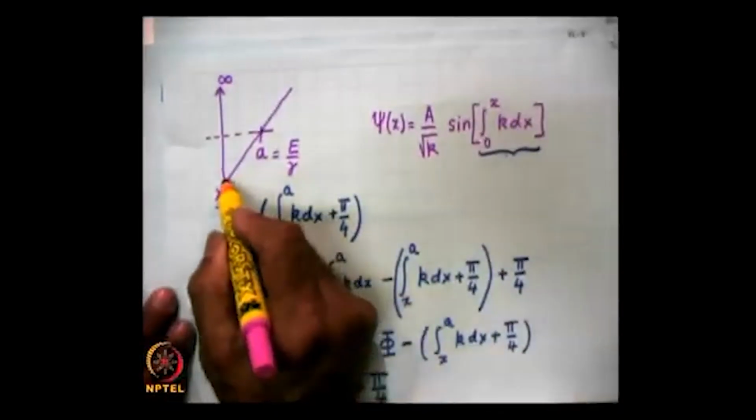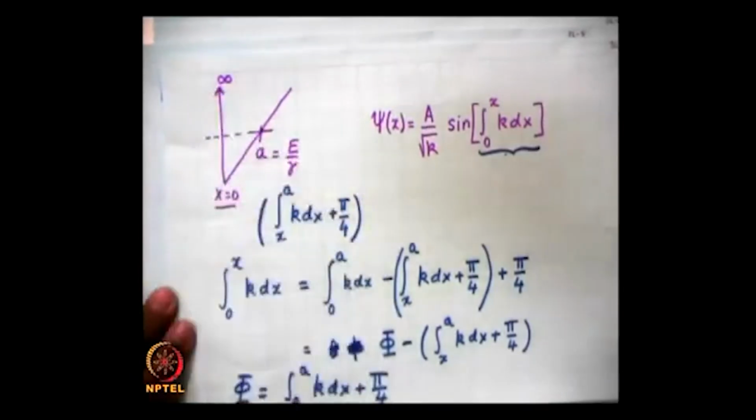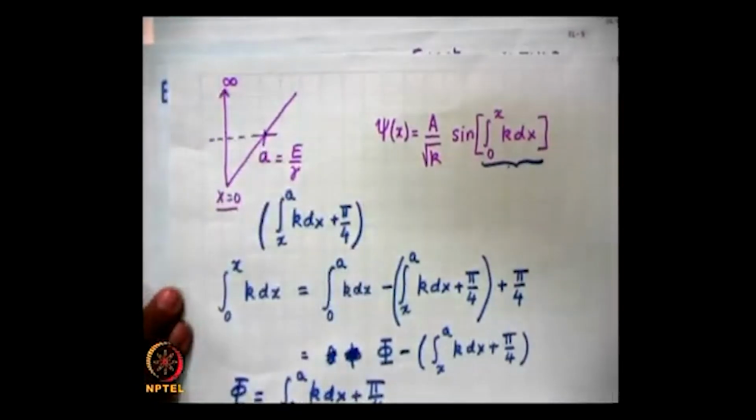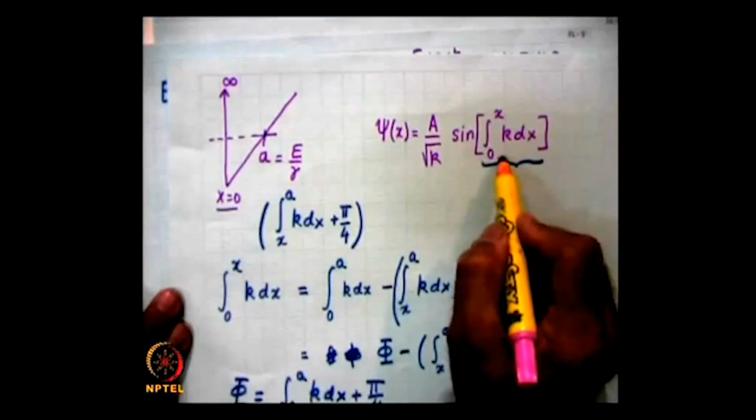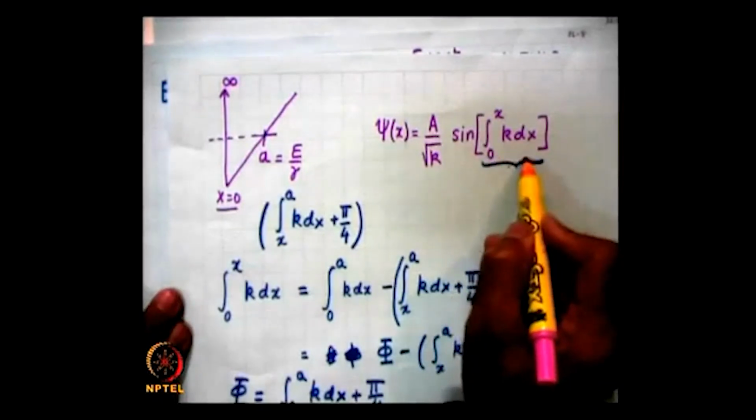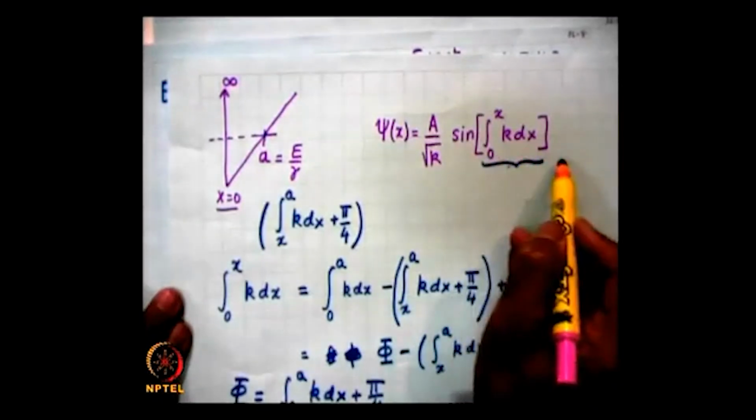that at the point x is equal to 0, where the potential became extremely large, I made the JWKB wave function go to 0.